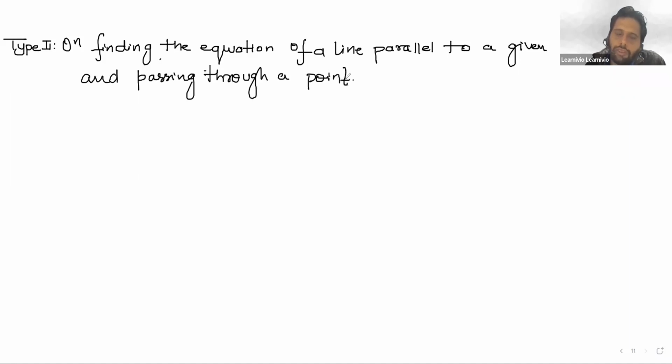So in this type, you need to find the equation of a line which is parallel to a given line and passing through a point. I will give you a question in this.